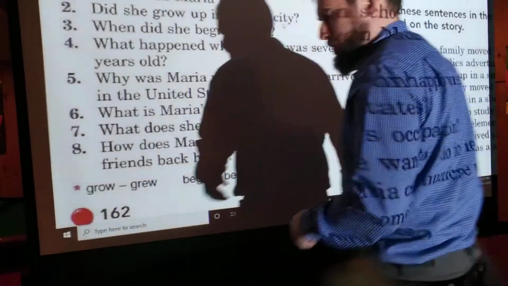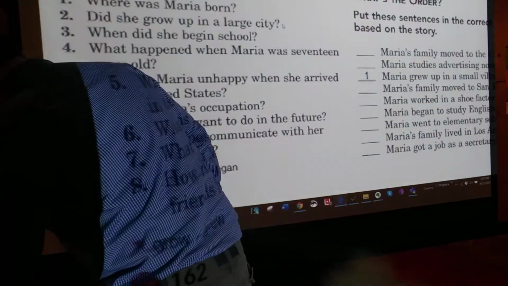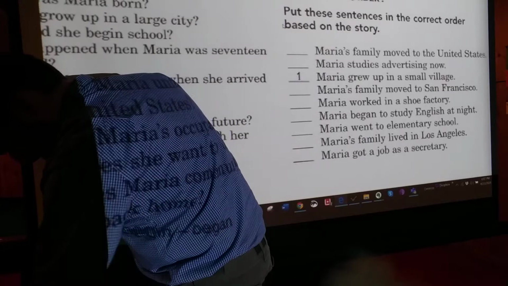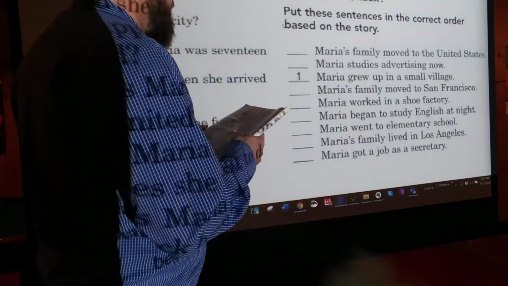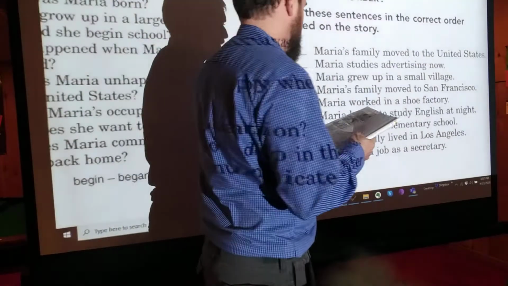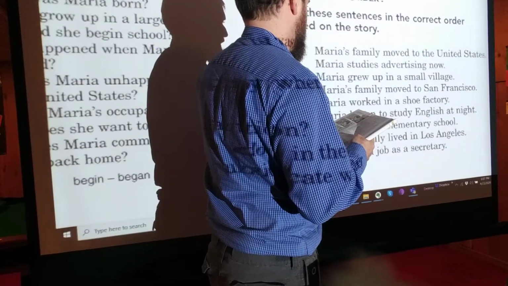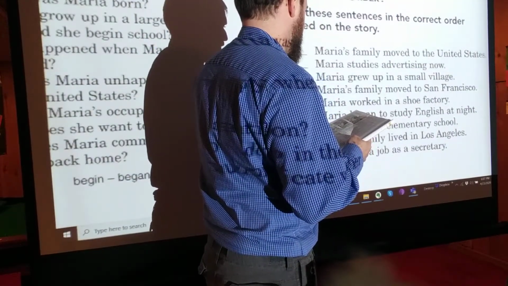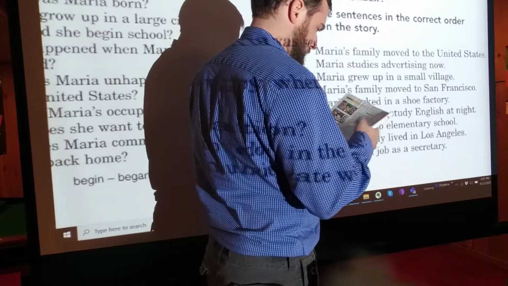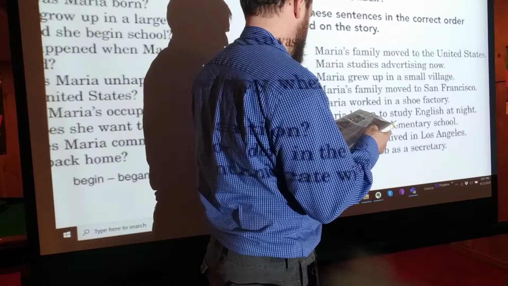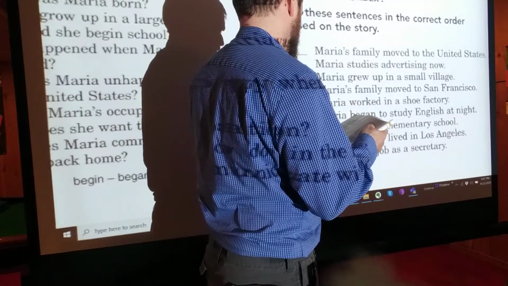All right, so now let's go on to this section, and let's see if we can get this. This might be tricky. All right, so, number 1, Maria grew up in a small village, okay? What happened next? Then, looks like probably she went to elementary school.